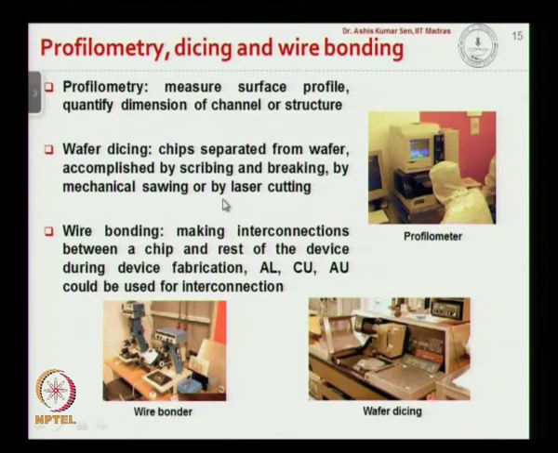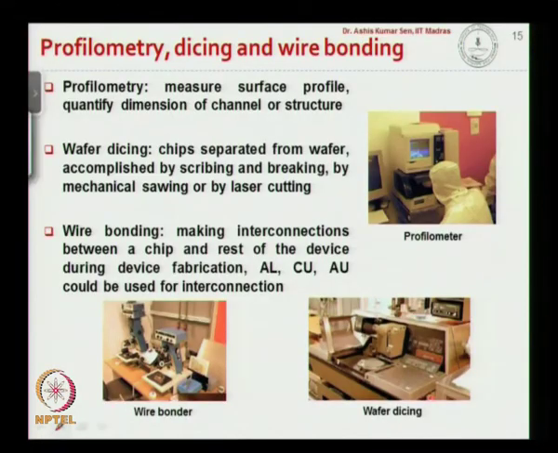So after we do the bonding, the next process will be to measure the structure that we have fabricated. In some cases, let us say you have made a channel, before bonding you can check what the depth and width are that you are measuring, and you can compare that with your original design. This is typically done using a profilometer.